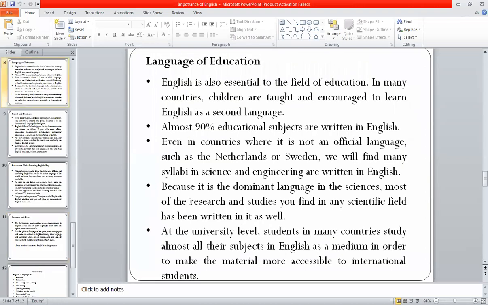language of education. So it is also the language of education. So all of us know that our syllabus is written, our books of different subjects are written in this language, and no other language is used for writing purpose, okay.